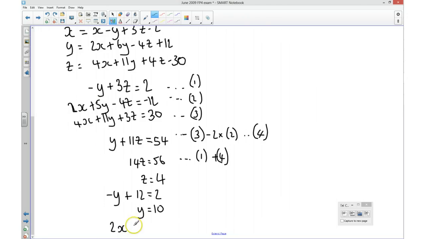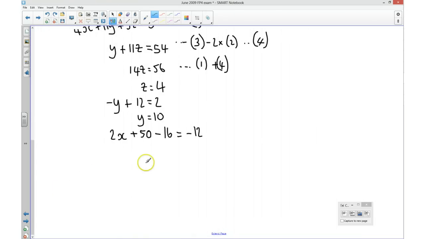So I've got 2x plus 5y, which is 5 times 10, which is 50, take away 4z, which is 4 times 4, which is 16, is equal to negative 12. So 2x is going to be equal to negative 46, I make that, and that tells me that x is going to be equal to negative 23.